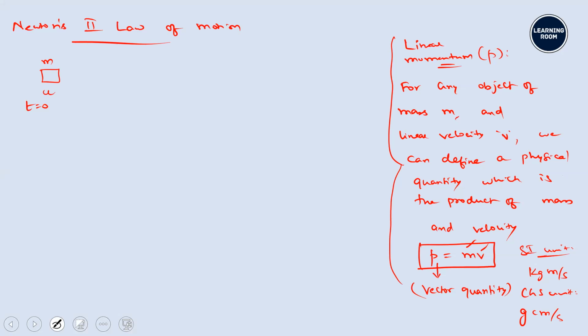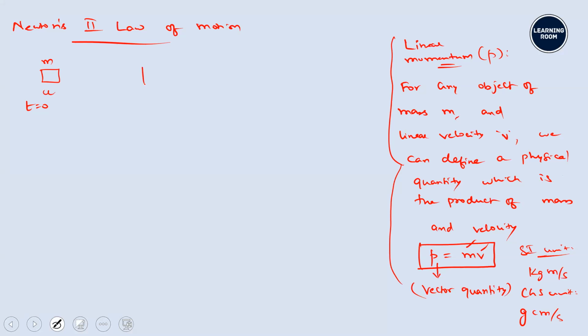Initial doesn't necessarily mean that the car started from the parking lot with 0 velocity. Maybe I didn't start calculating from that time. Once the car got started, after it has attained some velocity, I started my stopwatch. That will be the time which is considered as initial according to me. Are you able to understand? So the mass is m, the initial velocity is u at t equal to 0.